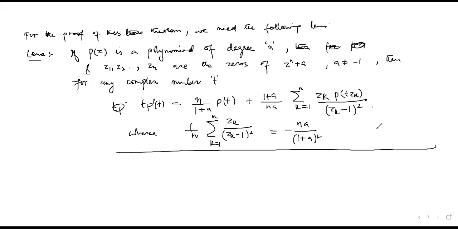So in particular, if I take a equal to 1, क्या बन जाएगा, a को मैं सिर्फ -1 नहीं ले सकता, बाकी कोई भी value ले सकता हूँ, तो मैंने लिया a को 1. So you would get t p dash t is equal to n by 2 p of t plus, of course, (1 plus a) that means 2, divided by n, right?